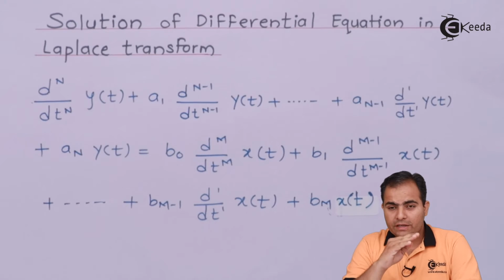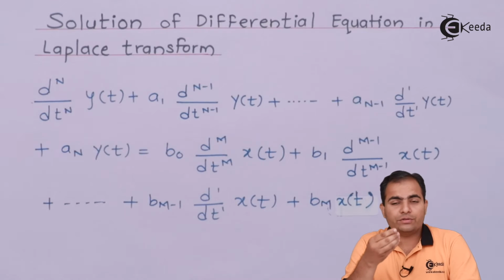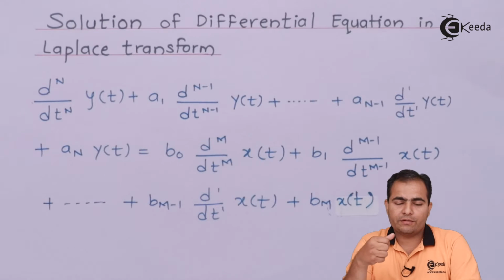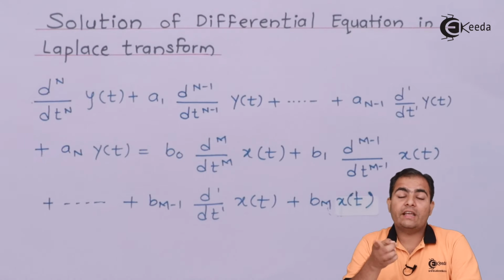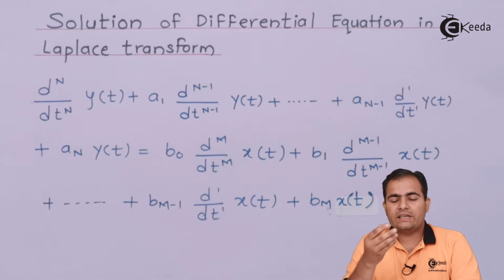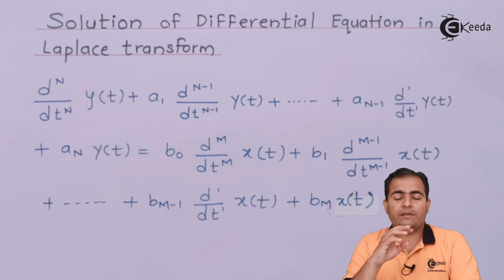If you go through this property, you will get the idea of the solution of an nth order differential equation. I'll show you the actual formula for first order, second order and third order differentiation with initial values. I'll show you what the initial value is and what it means, but later on.